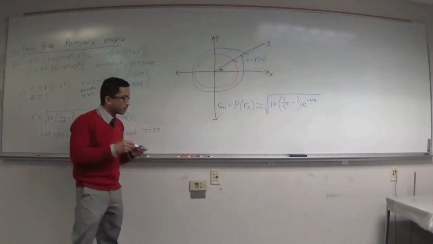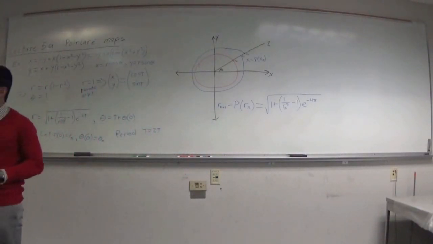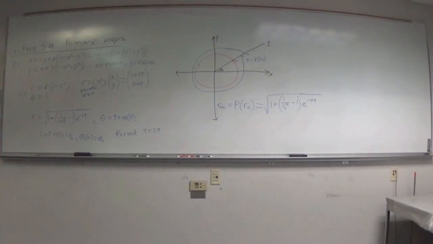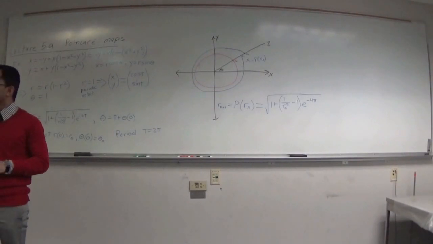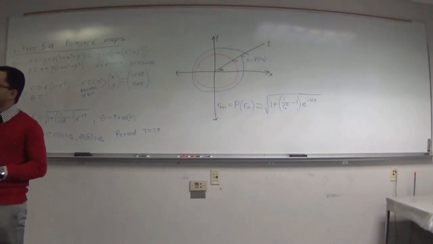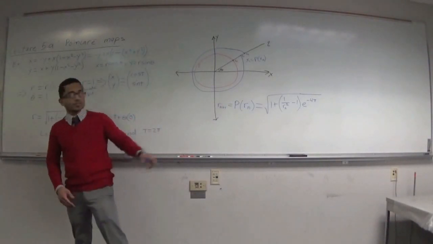So what do we want to do first, now that we have a map? Did we change it to a discrete system now? Yep. So now this map is totally discrete. So this is a discrete system.